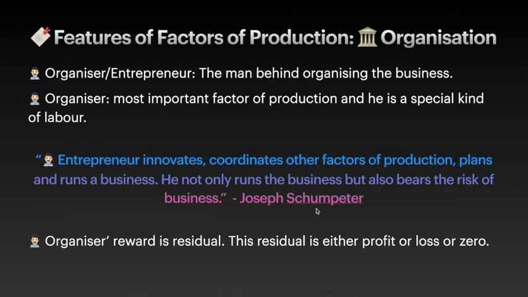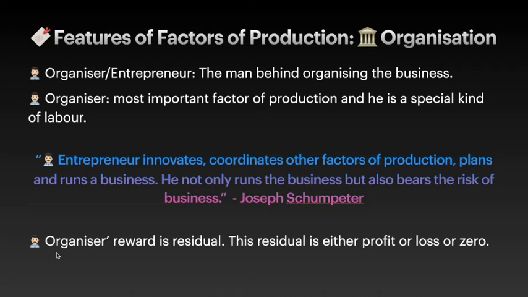According to Joseph Schumpeter, an entrepreneur innovates, coordinates other factors of production, plans and runs a business. He not only runs the business but also bears the risk of the business. An organizer's reward is residual, and this residual reward can either be profit or loss, or it can also be zero.